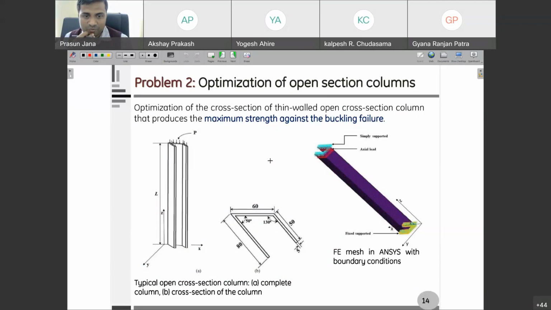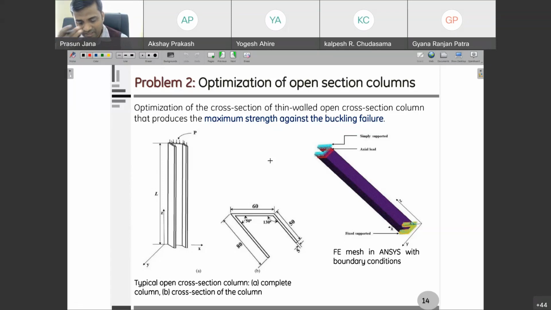So basically, this is open cross section column, which like you have I section, T sections, etc. They are called open sections, whereas your circular section and rectangular cross sections are called as closed sections.